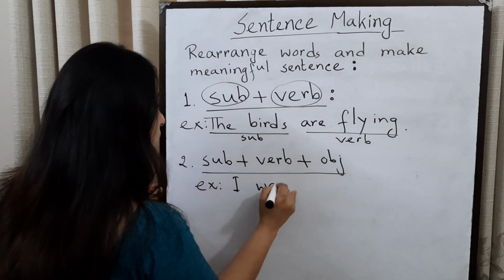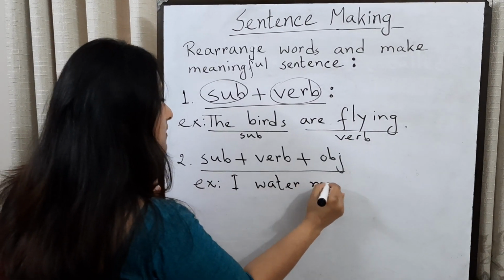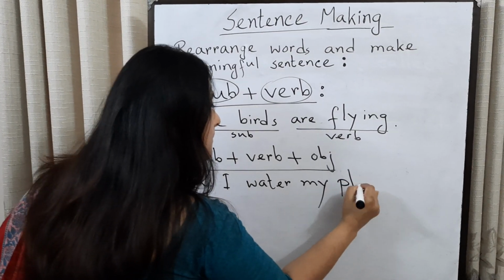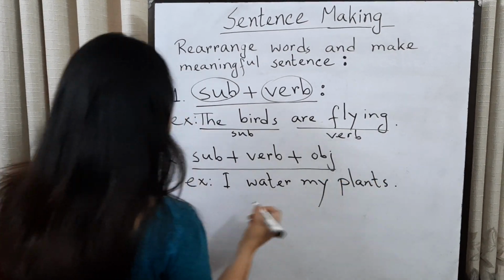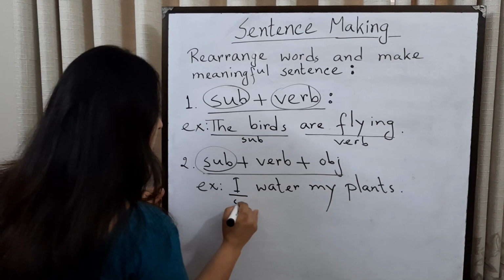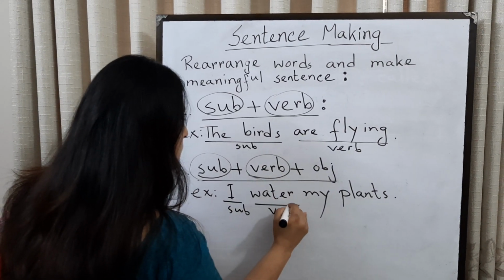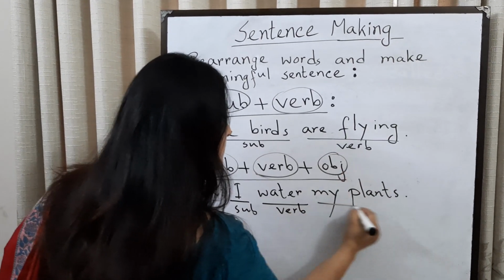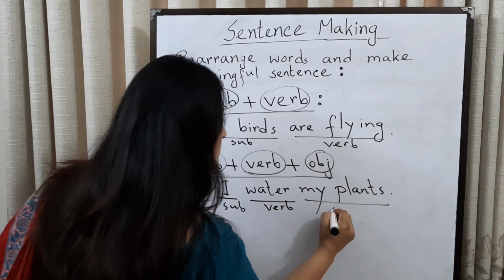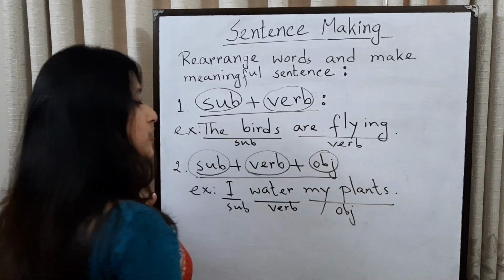The example: I water my plants. Here the subject is I, water is the verb, my plants is the object.